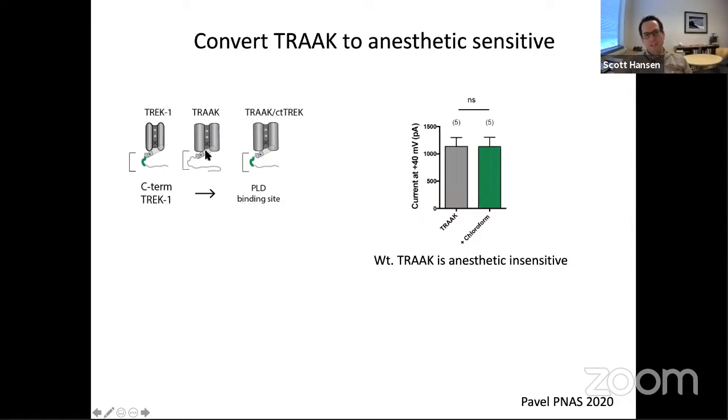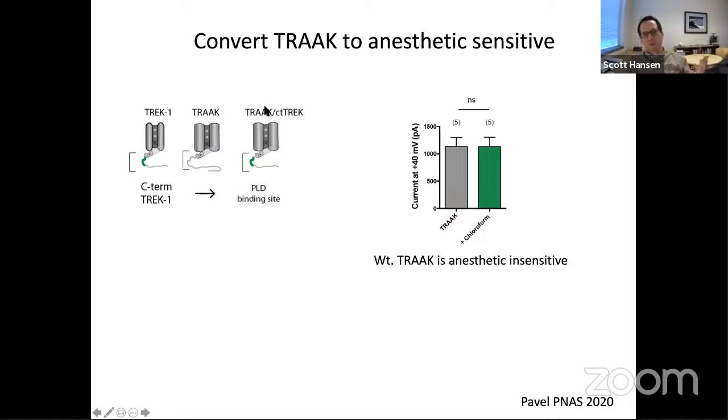But we knew that TRAC is a homolog, and we knew that it was activated by phosphatidic acid. So we devised this experiment where we take the PLD binding domain from TREC and swap it into TRAC and leave the transmembrane domain the same. So this is TRAC transmembrane domain, and it just has this little piece of TREC in the C terminus.